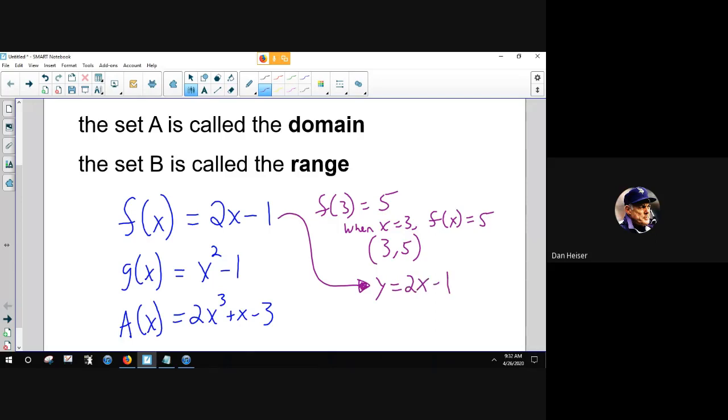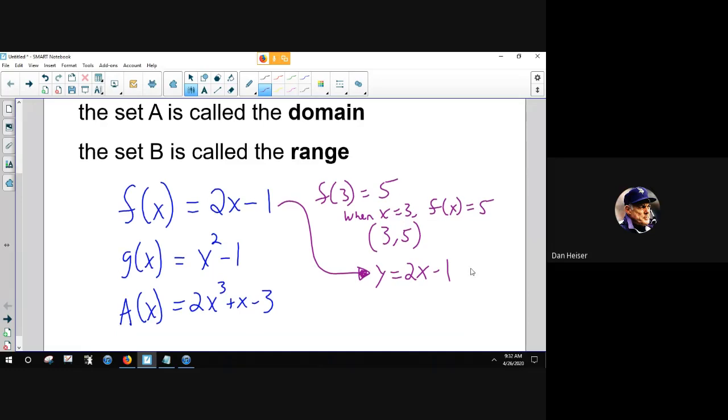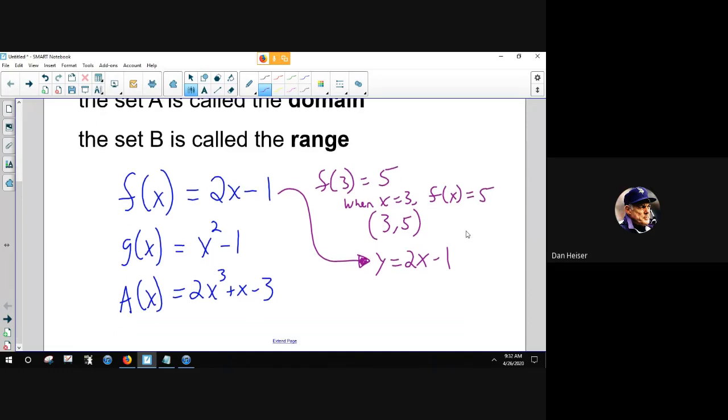A function is often just a fancy way to write y equals. But not everything on a graph is going to be a function. Lots of things are, lots of things aren't.